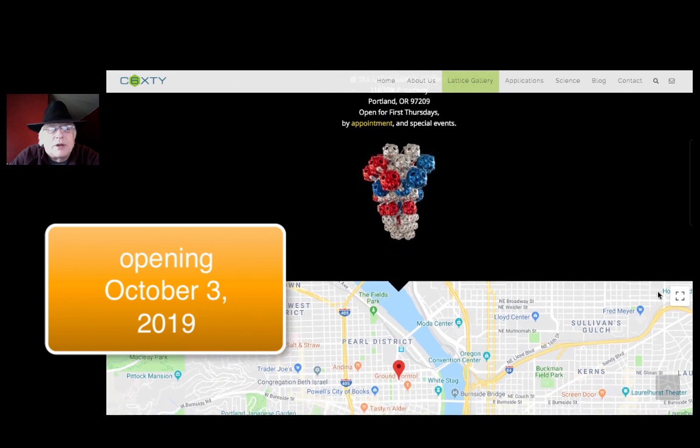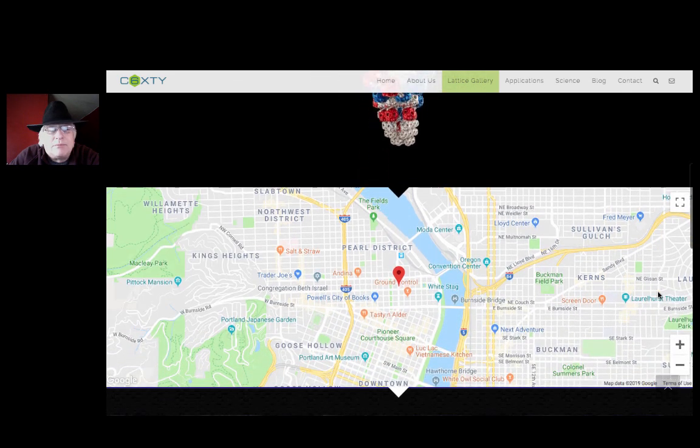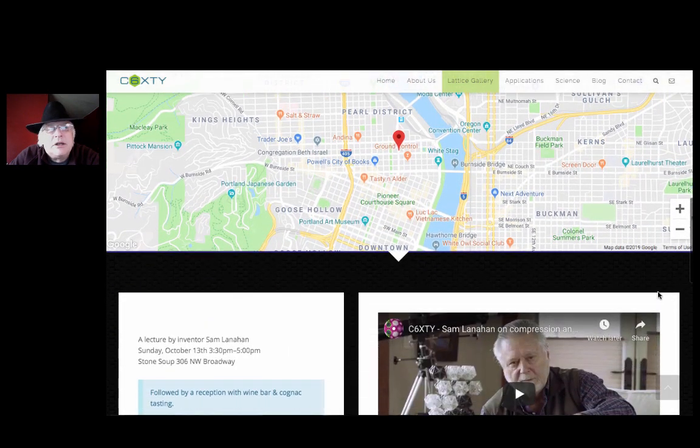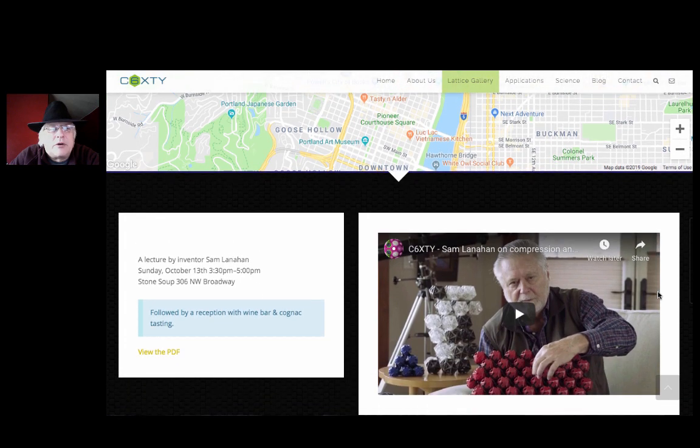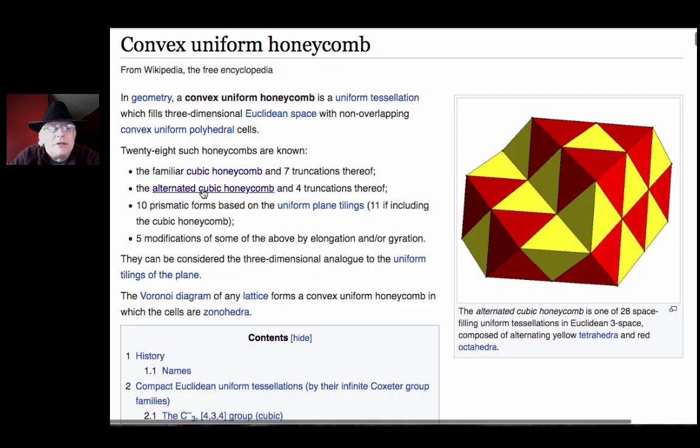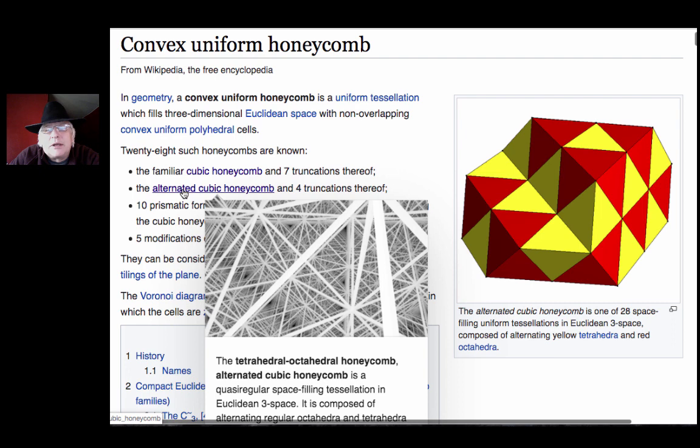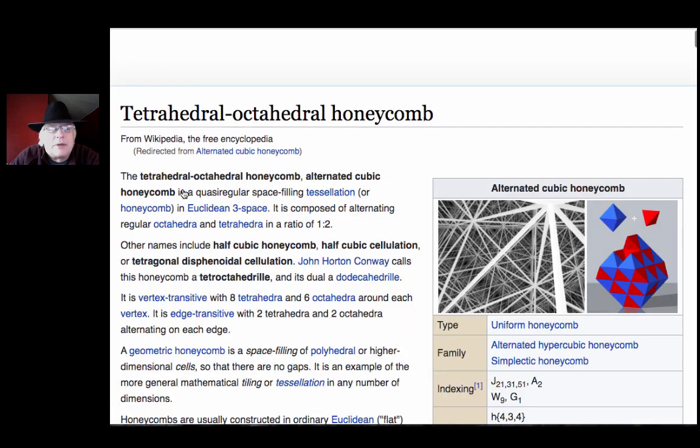It'll be a smooth kind of hypertext experience to go between convex uniform honeycombs and in particular the alternated cubic honeycomb and what we call the isotropic vector matrix, right?